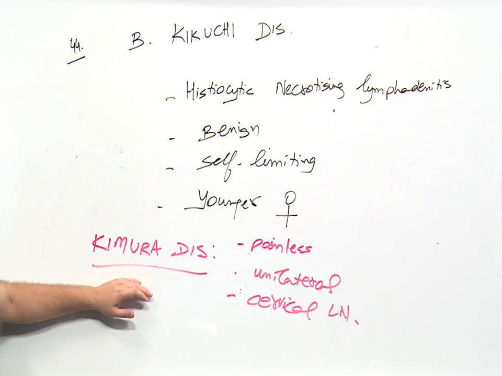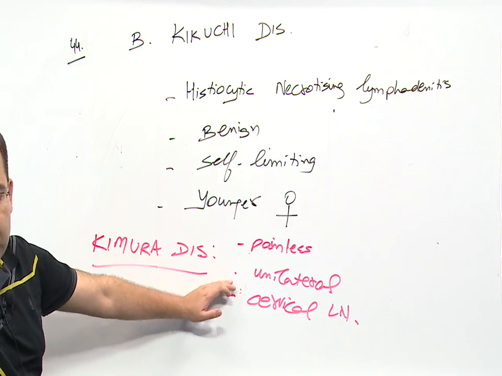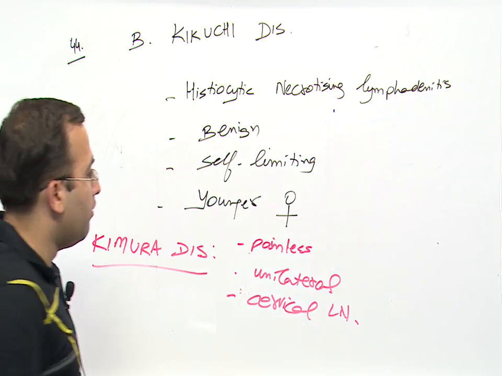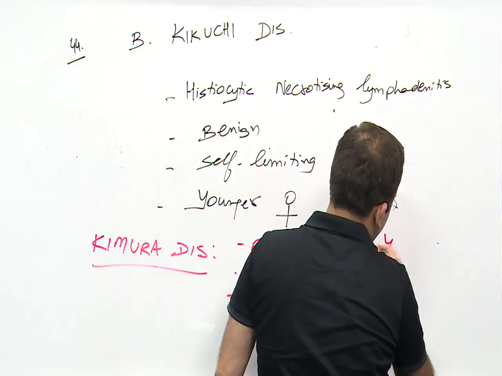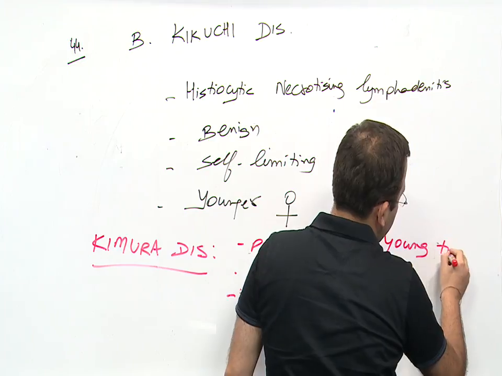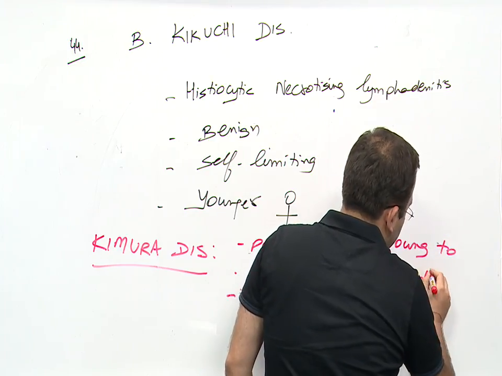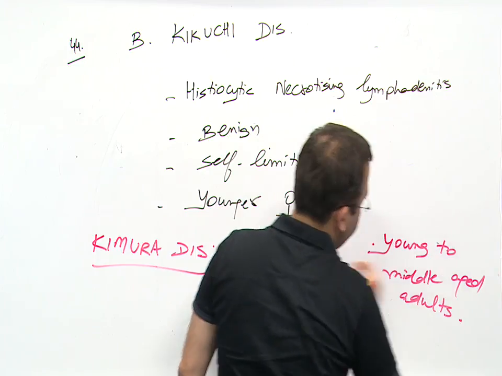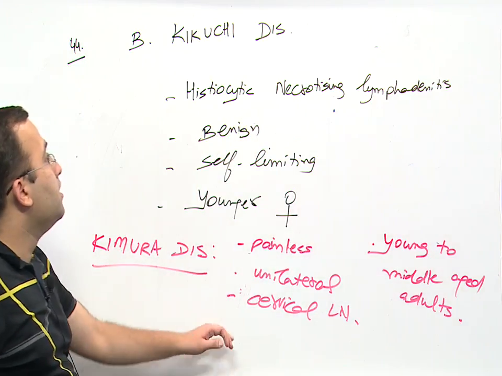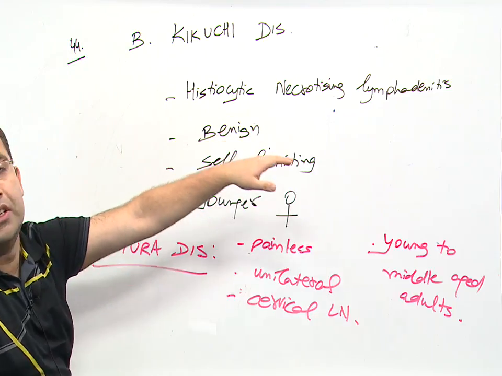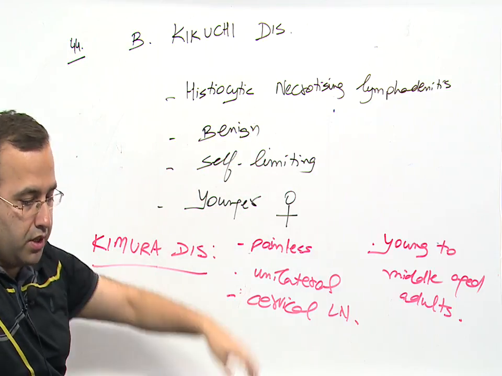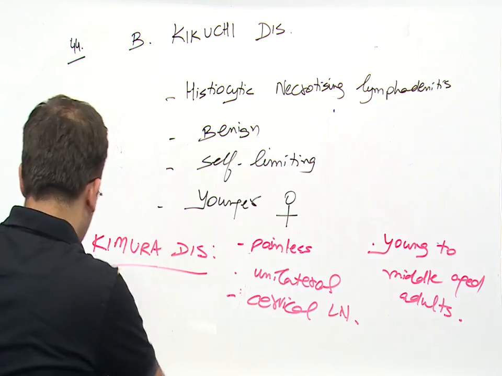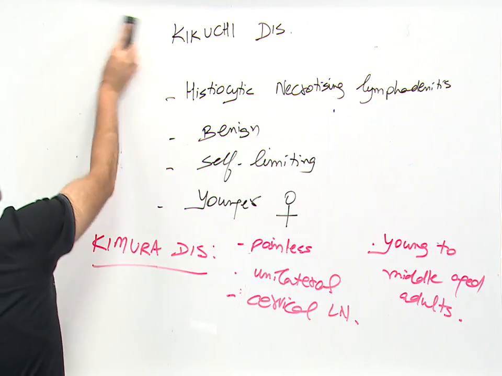So Kimura's is painless unilateral cervical lymphadenopathy. This again affects young to middle-aged adults. Plain and simple. So the answer is histiocytic necrotizing lymphadenitis, Kikuchi disease. Next.